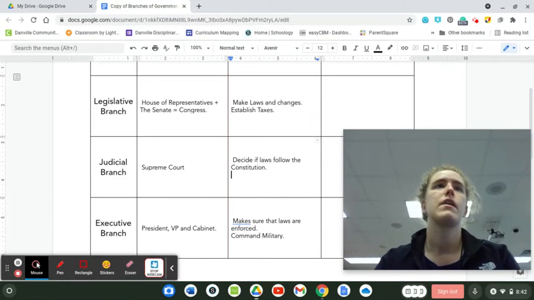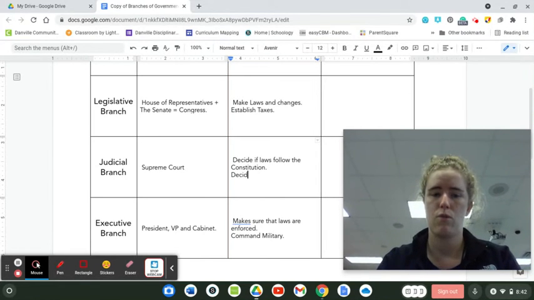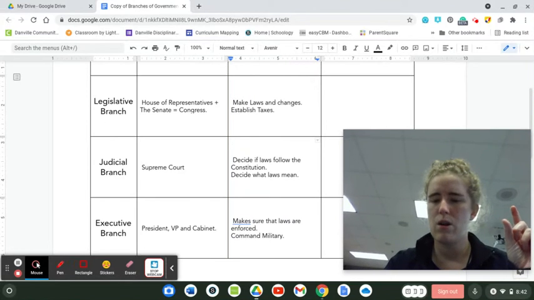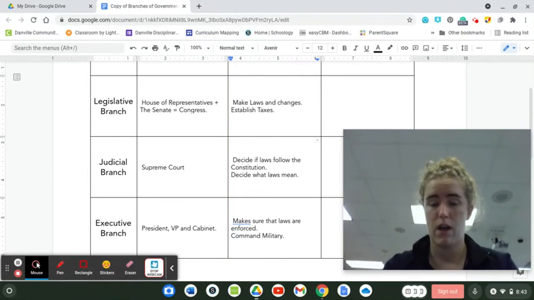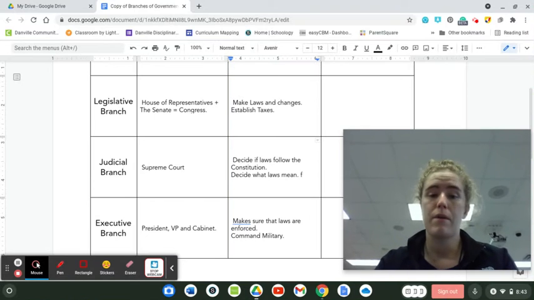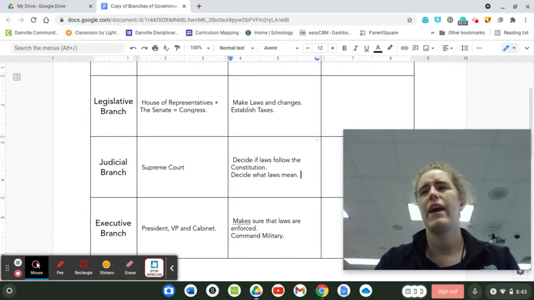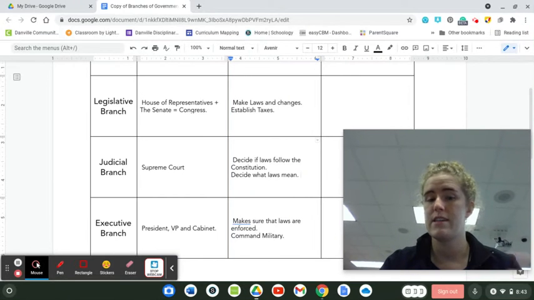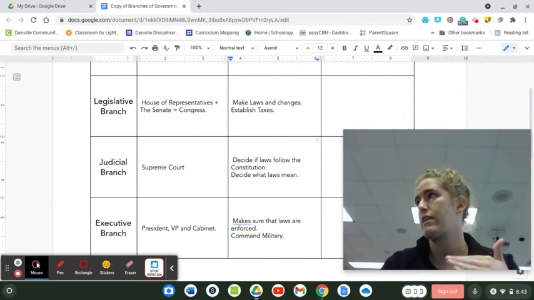They can also decide what the laws actually mean. So they can decide that, when it says this in the laws, here's what it means. If it says Miss Scott can eat cupcakes for breakfast every morning, what that actually means is she can eat cupcakes without icing. They get to decide what the laws actually mean and what they actually entail.